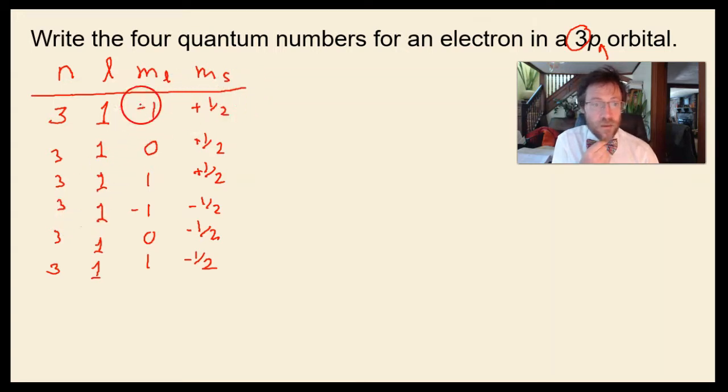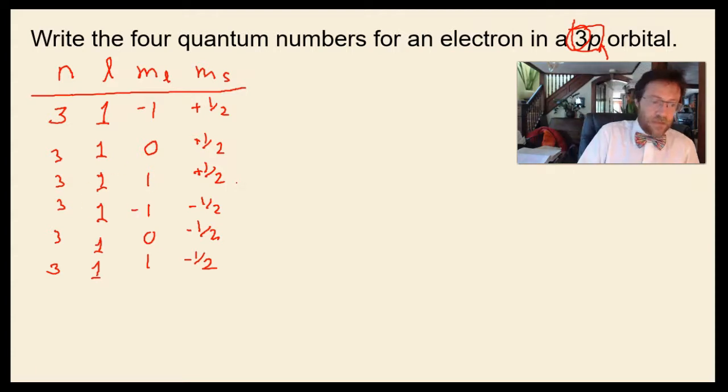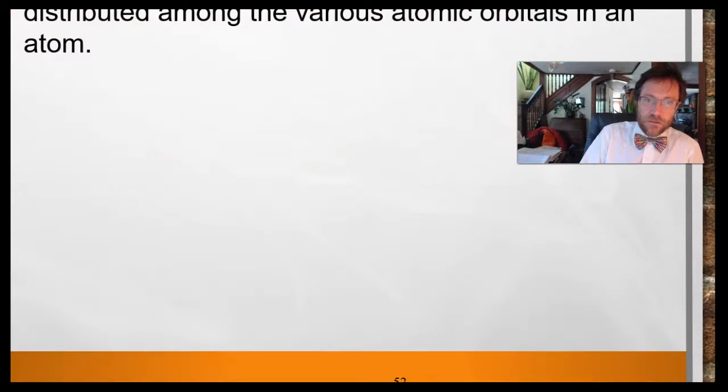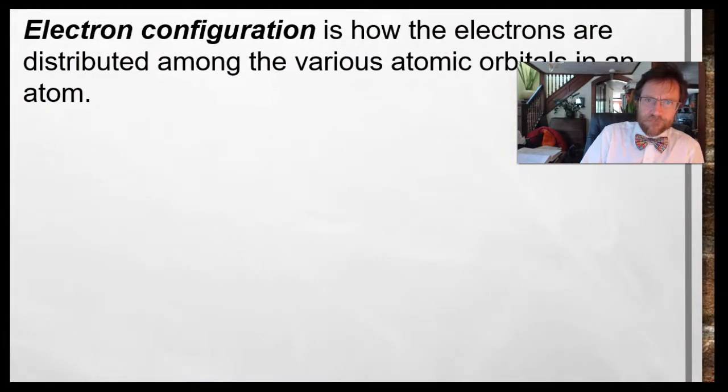What this is telling us is that there are 1, 2, 3, 4, 5, 6 quantum number combinations for an electron in a 3p orbital. I could write 3, 1, -1, plus 1/2. I could write 3, 1, 0, plus 1/2. Any one of those will be quantum numbers for an electron in a 3p orbital. It's almost like if you just learn the pattern and follow the pattern, it'll do that. Does that make sense?